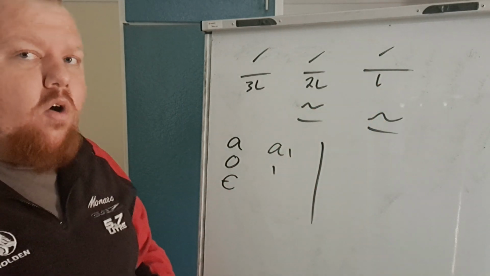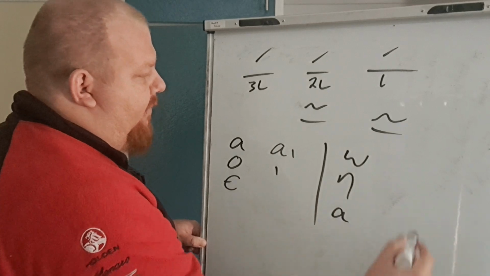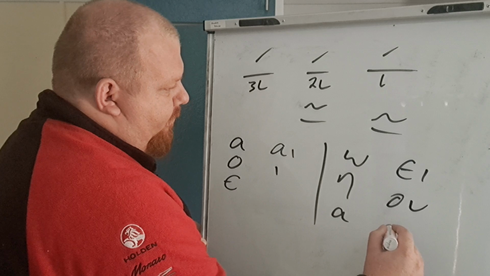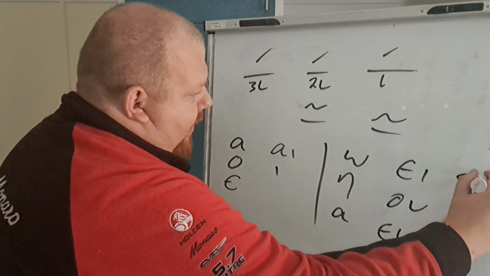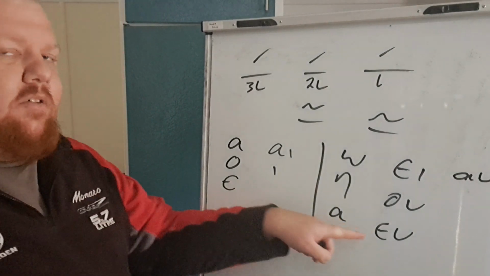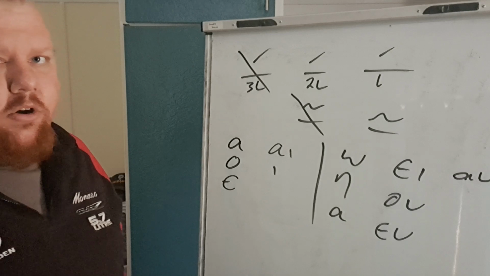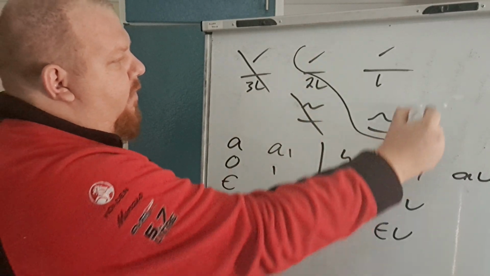So if you have a long vowel sound, so omega, eta, sometimes alpha, a lot of your diphthongs, eu and au, it cannot go as far back as what it originally could. Okay, so it's got to go back on one of these three.